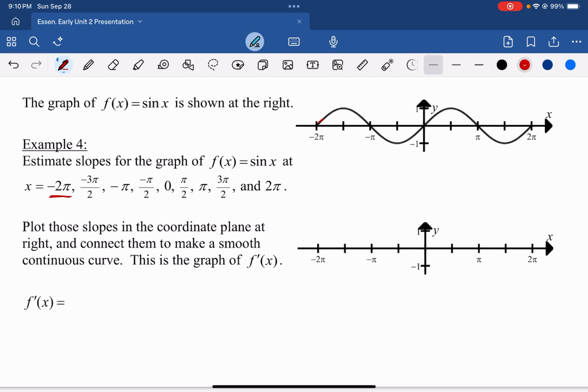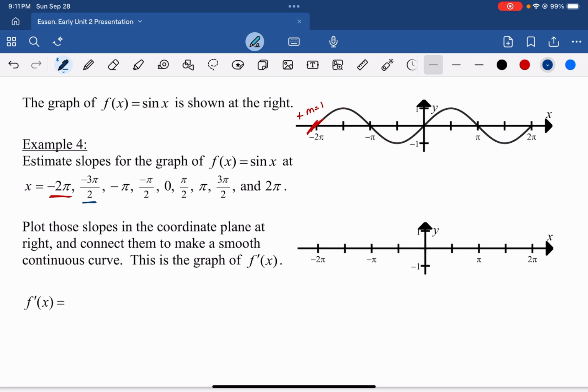I can definitely tell the slope is positive. If we think about rise over run, sine at negative 2 pi is 0, and sine at negative 3 pi halves is 1, so we rise 1, and that slope would be 1.